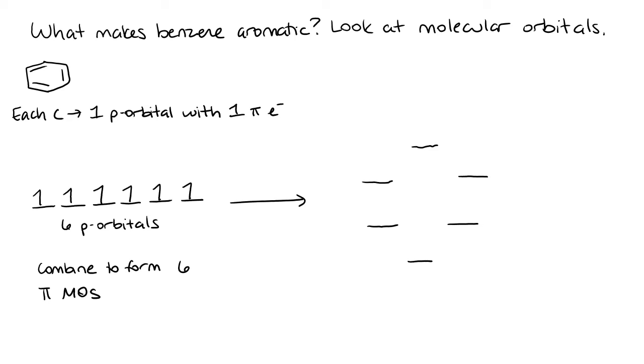Now half of them, and these are all in increasing energy, half of them, we'll go ahead and draw a dashed line here, half will be known as bonding molecular orbitals. Now, bonding molecular orbitals are lower in energy, and it's more favorable for the electrons to be in bonding molecular orbitals. Above the line are known as anti-bonding molecular orbitals.